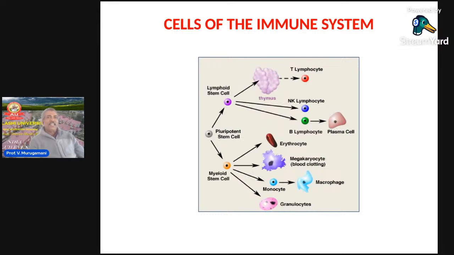But natural killer lymphocytes play the main role against cancer cells. To combat the cancer cells, all the biochemical work is done by the NK cells. The myeloid stem cells give rise to erythrocytes, macrophages, granulocytes and monocytes.